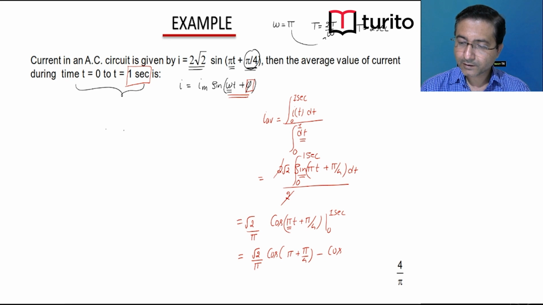Cos lower limit t is equal to 0. So here you write 0, you will get pi by 4. Cos 180 plus pi by 4. So this will give me 2 times cos pi by 4, right? One by root 2.